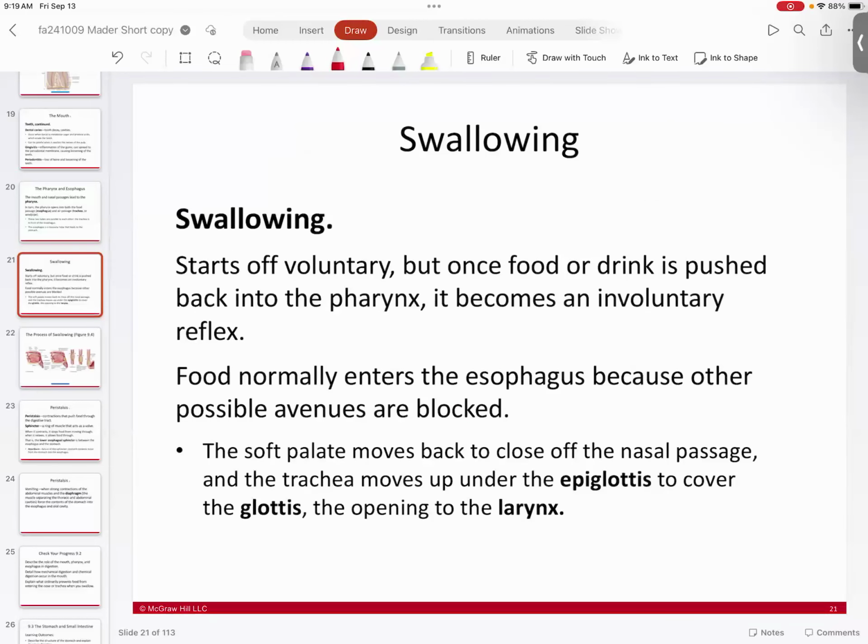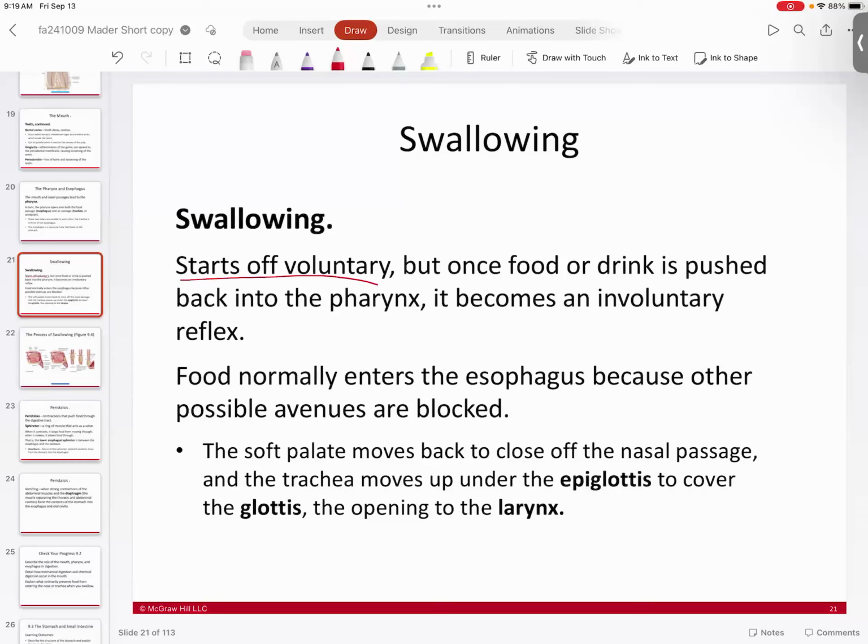So the first step is to swallow. Now that you've got this food bolus, you've chewed it up with your teeth. That's mechanical digestion, and now you've also got it mixed with your saliva for enzymatic breakdown. That's going to be your chemical digestion. Now it's time to swallow it. You use your tongue to move your food bolus to the back of your throat. This part is voluntary, right? You can choose whether or not to move the food back to the back of your throat.